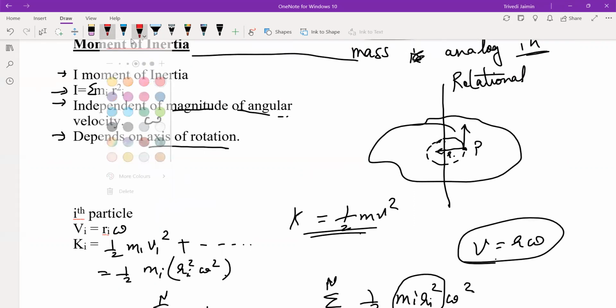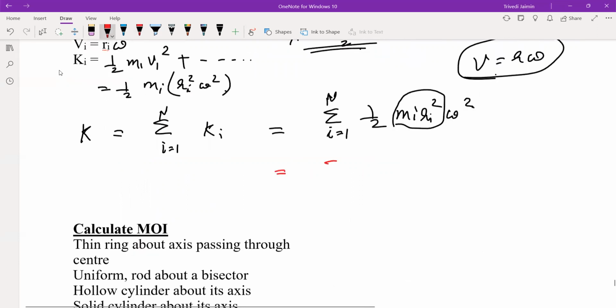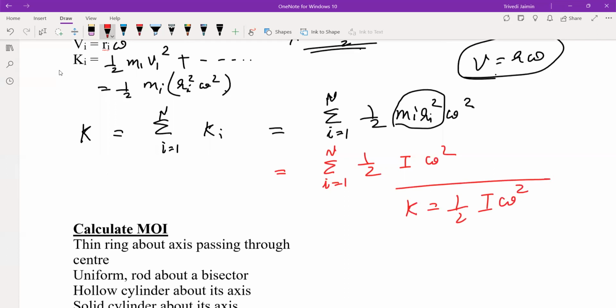Moment of inertia. So we can introduce I, which gives I omega square, or in general form, half I omega square. That is kinetic energy.